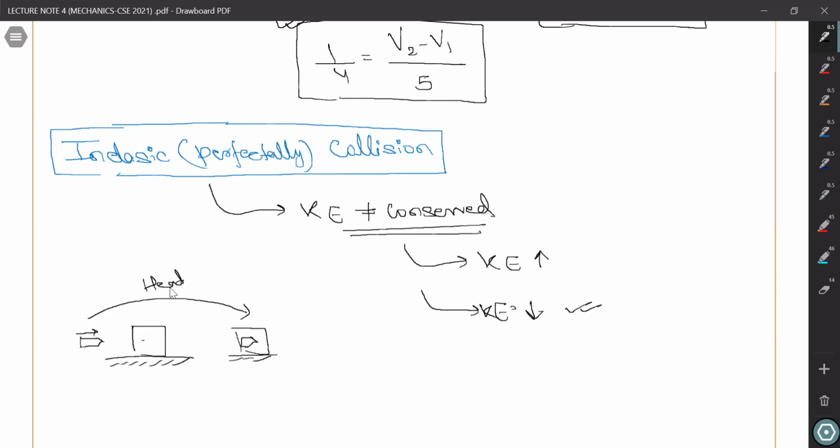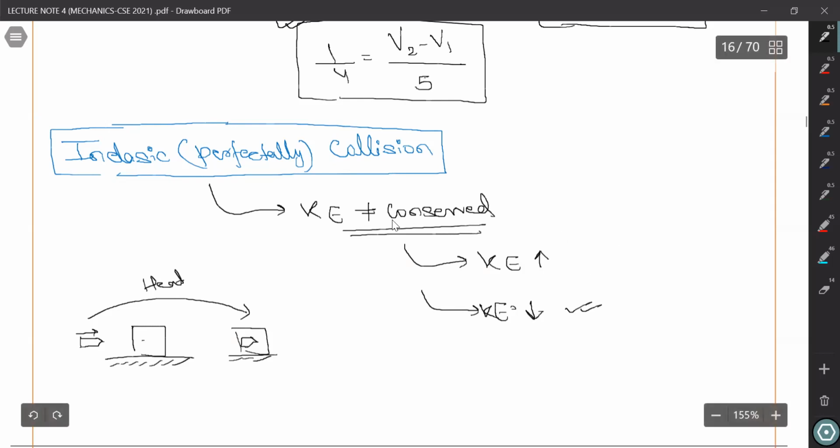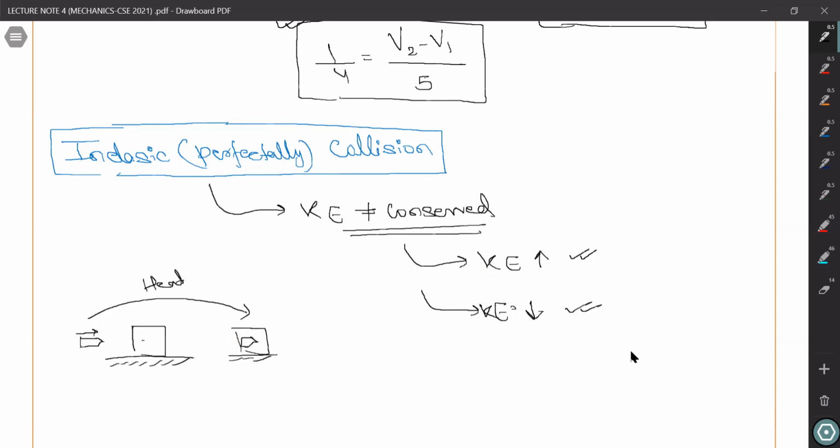So it increases the kinetic energy. Don't worry, you will study these in your section B also, but you have to understand that kinetic energy not being conserved doesn't mean that it will only decrease, it may increase also, because the collision we are studying is valid for Newtonian mechanics also, right?